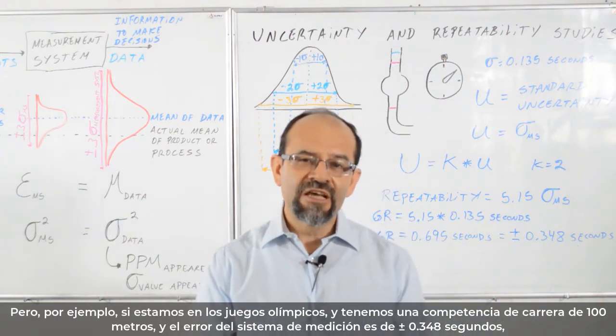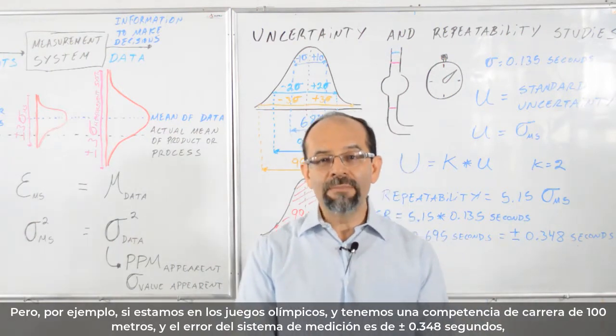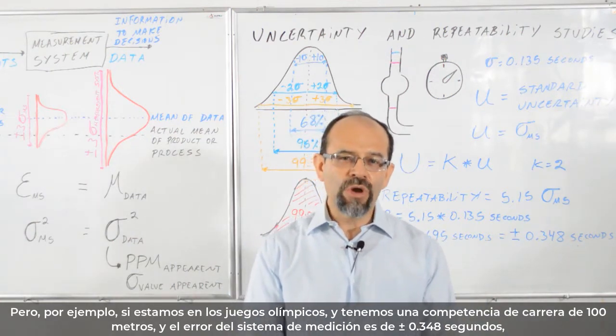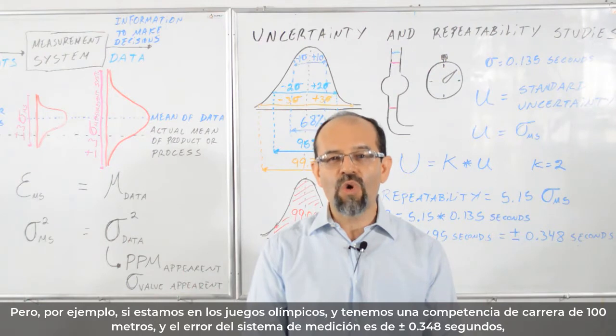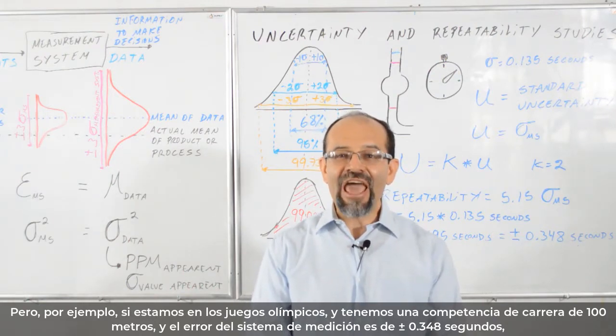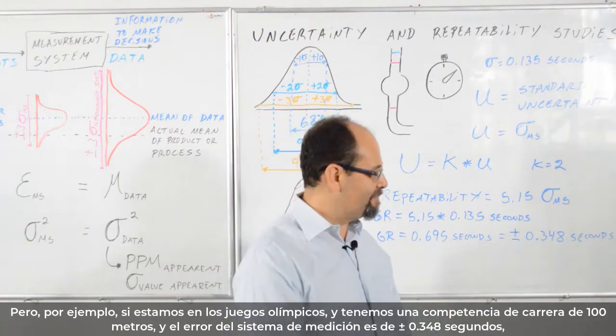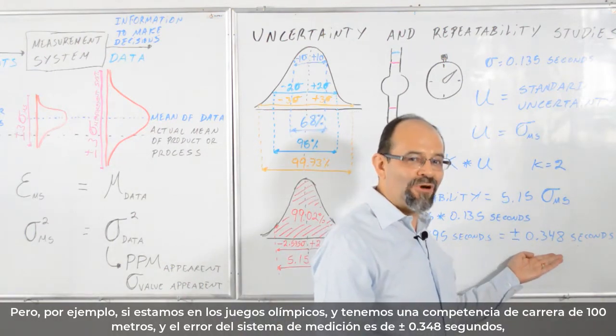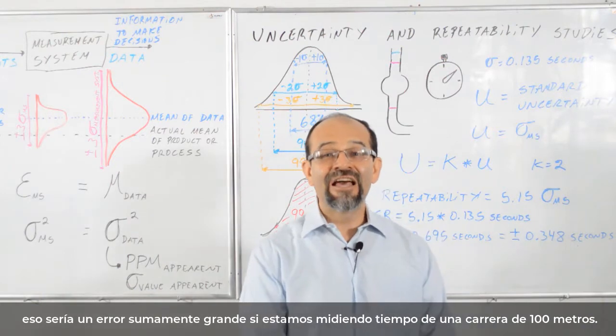But for instance, if we are at the Olympic Games and we are having a competition of a 100 meter race, and the error of the measurement system is 0.348 seconds, that is huge.